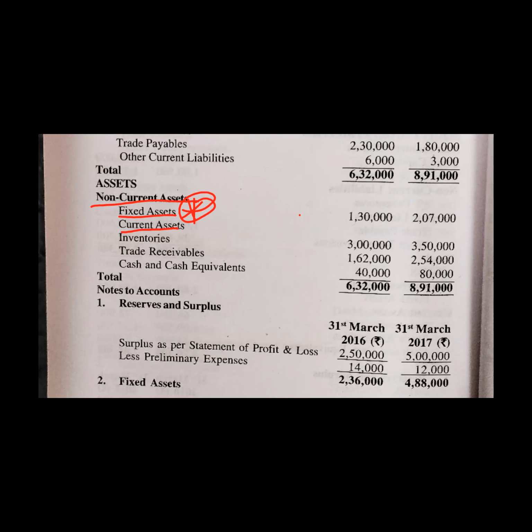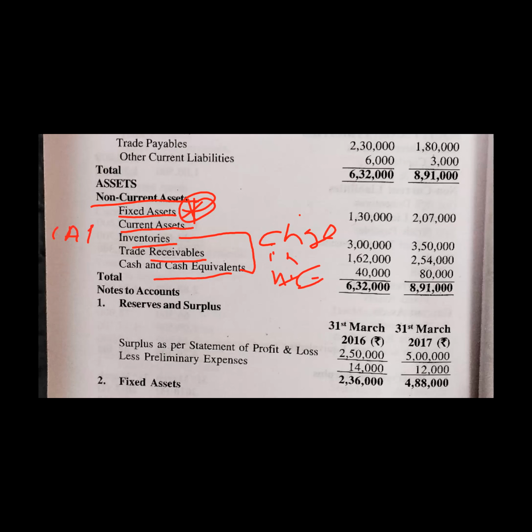Next, we have current assets. This is the heading. All these inventories, trade receivables, and cash equivalents come under changes in working capital statement. And remember, these are current assets.